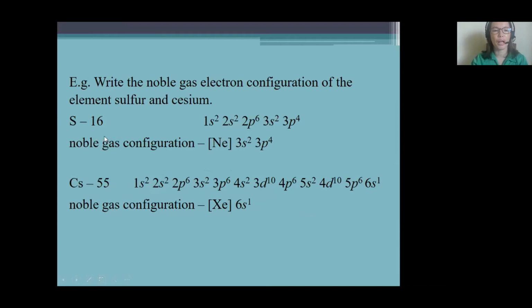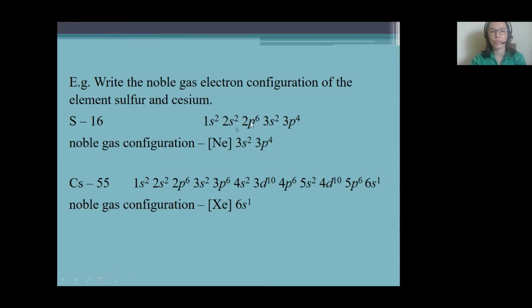Say for example, how to write the electron configuration of sulfur, atomic number 16, using the noble gas configuration. Using the Aufbau principle, we have 1s2, 2s2, 2p6, 3s2, 3p4, and when we add these, it's equivalent to 16. The noble gas that we can possibly use is neon, which has an atomic number of 10.